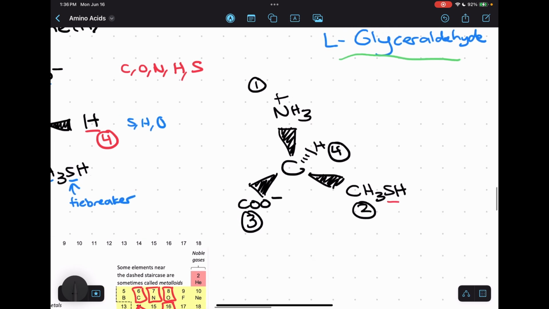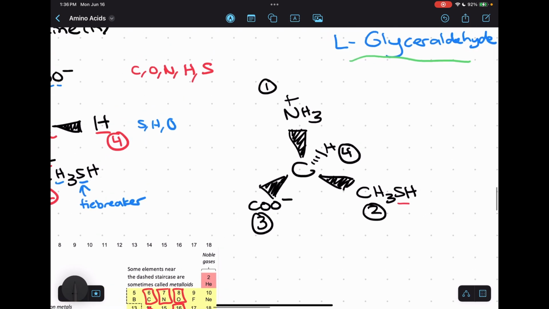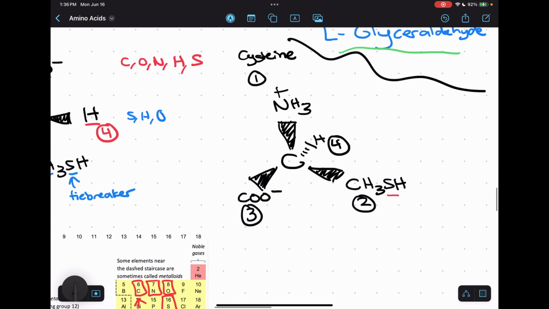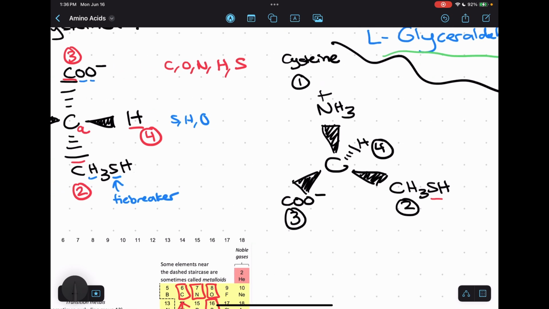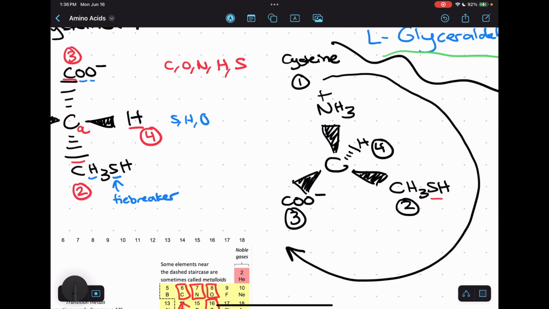So again, this is cysteine with the priorities, and we have it lined up where we're going from priority 1 to priority 2 and then to priority 3, where we have priority 4 facing away from us.